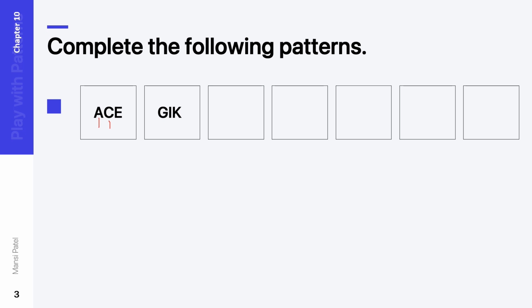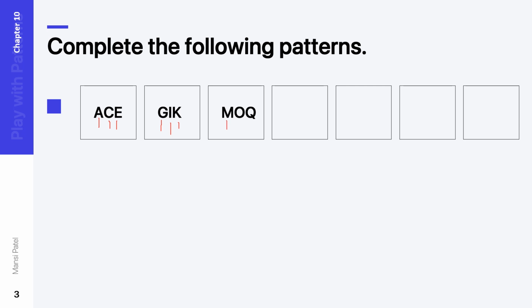And then you have to write down E. So one letter you have to write and one letter you have to skip. After E, that is F, so F you have to skip. After that, G, H skip, I, J skip, K, L. After K, it's L, so L we have to skip.